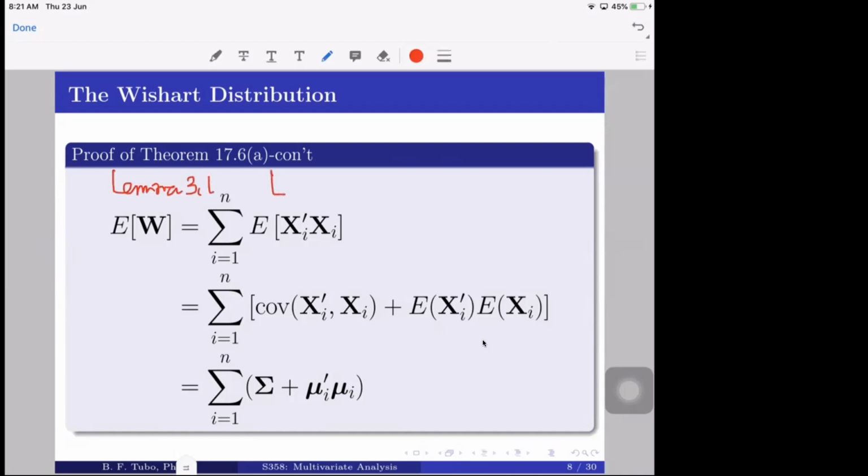It tells you that the expectation of the square norm of x is equal to the square norm of the mu plus the trace of sigma, where sigma is your covariance matrix. So note that the square norm is actually x prime x.